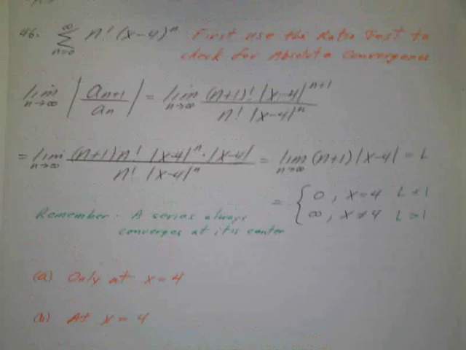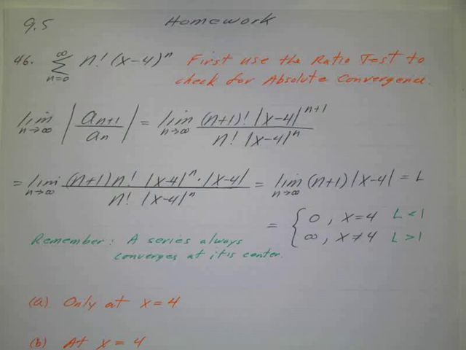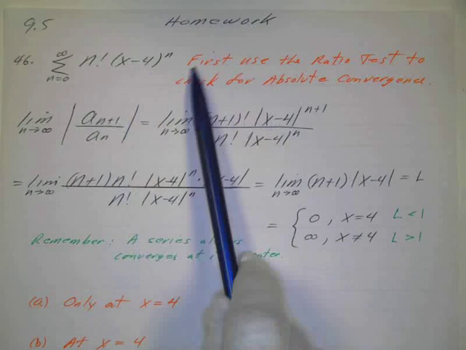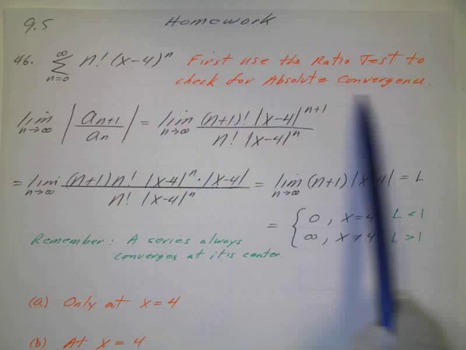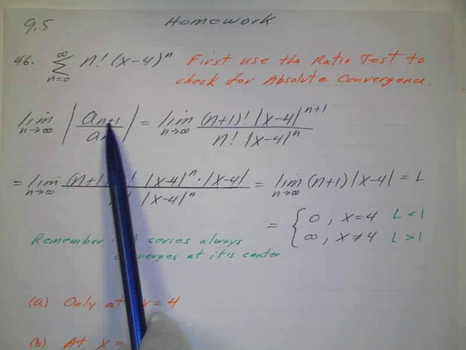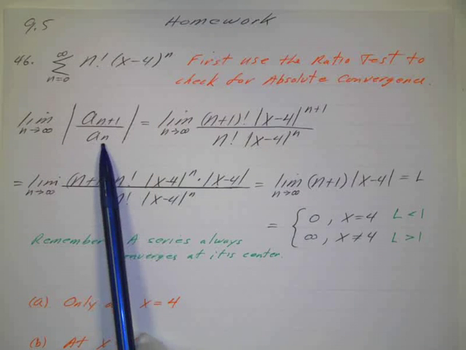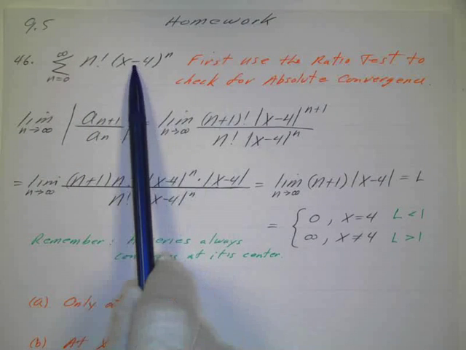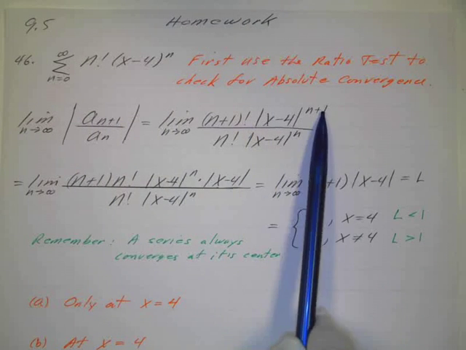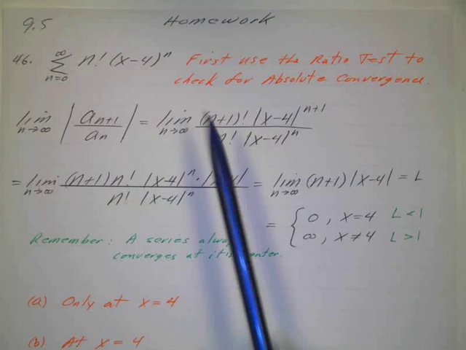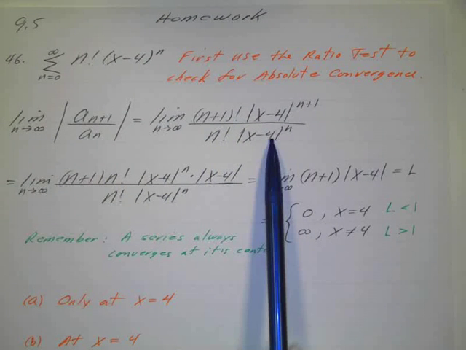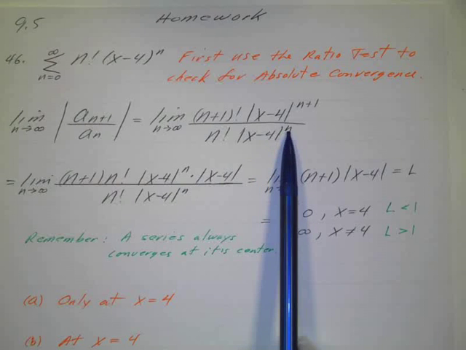And let's take a look at 46. And 46 is a little bit different, but not too much. Okay, we've got n factorial times x minus 4 to the n. We're again going to first use the ratio test to check for absolute convergence. So this is the limit of a to the n plus 1 over a to the n again. So n plus 1 factorial, the absolute value of x minus 4 to the n plus 1, over n factorial, x minus 4 to the n.